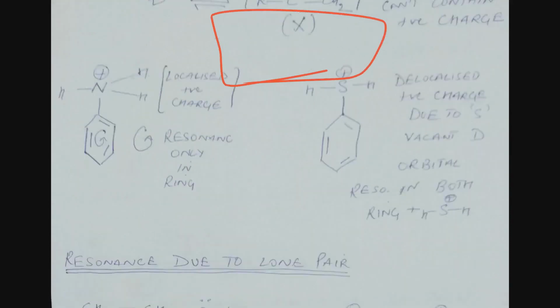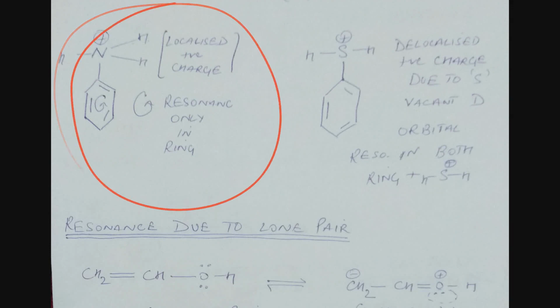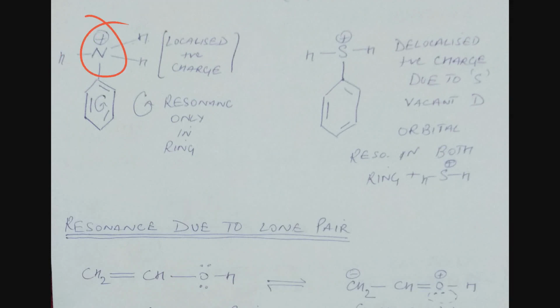Now there is again an example of a localized positive charge. Here N positive is there, and there is a benzene ring. Now if we shift this double bond here, then the nitrogen will become pentavalent. That is not possible here. But in this case SH2 positive is there, and because sulfur has a d orbital, it can expand its octet.